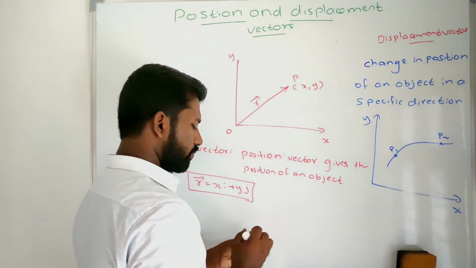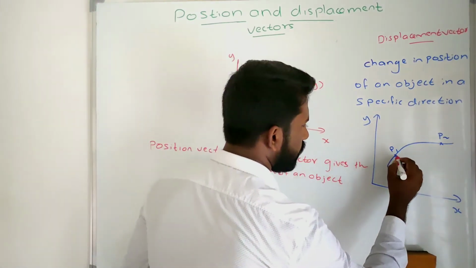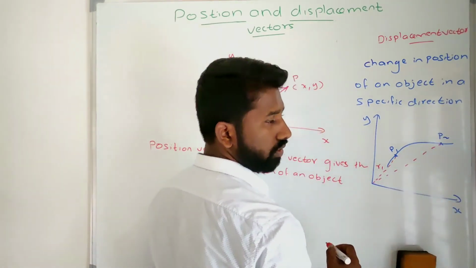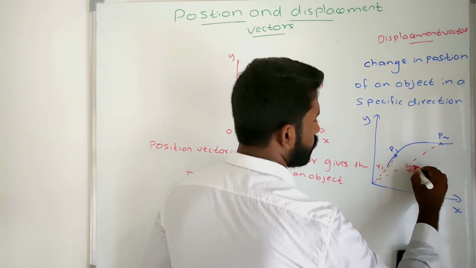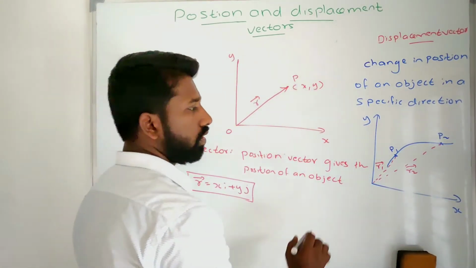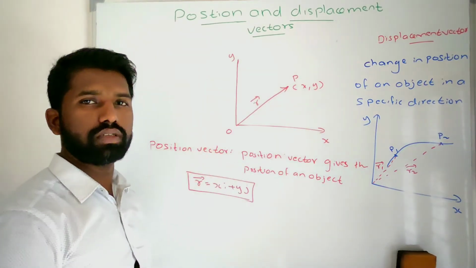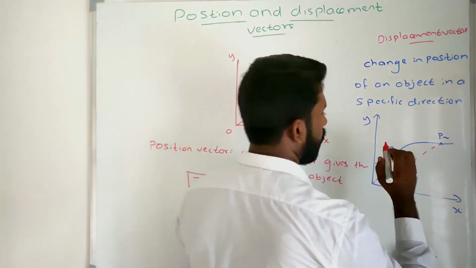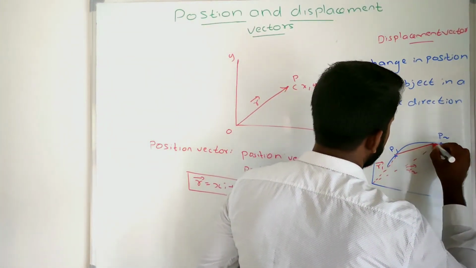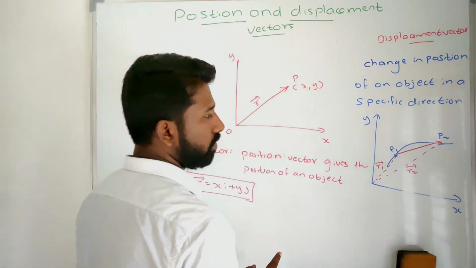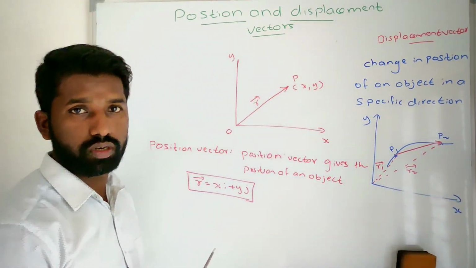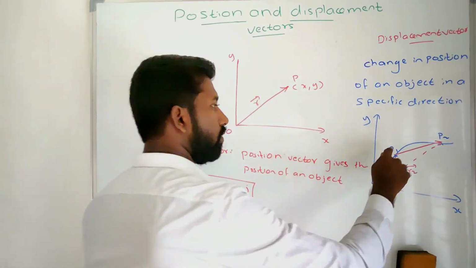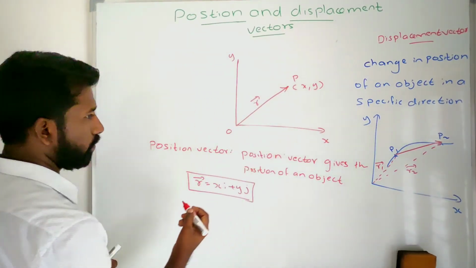The position vector of the initial point I consider as R1, and the position vector of the final point P2 is R2. I need to find the displacement. Displacement is always the shortest distance, and the shortest distance is a straight line. So this is the displacement vector, from the initial position towards the final position. P1P2 is the displacement vector.